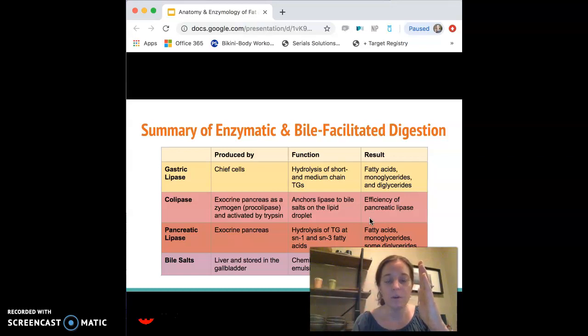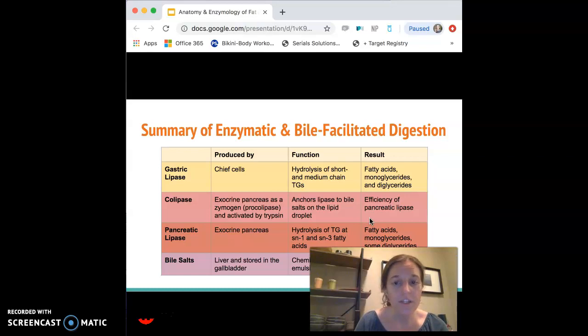So it would cleave the first one and the third one of the triglyceride. Our end result is fatty acids, monoglycerides, and occasionally if it just cleaves one, then you also get a diglyceride as well. So this concludes our discussion on the enzymatic physiology of fat digestion and absorption.